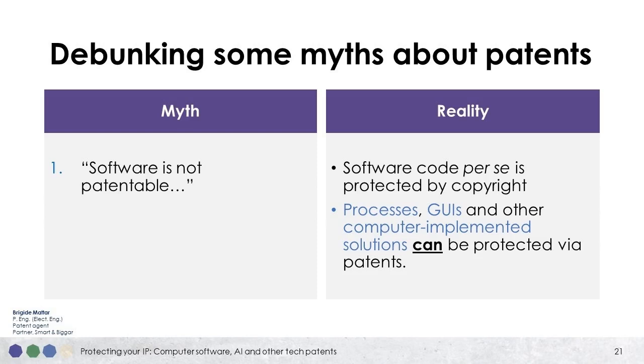But we're really talking about the actual code when we say that. Things like processes, GUIs, computer implemented solutions. So what the function of the software actually does is not covered by copyright, but it is covered by patent protection, provided it satisfies the requirements of patent protection. So that's the first one.